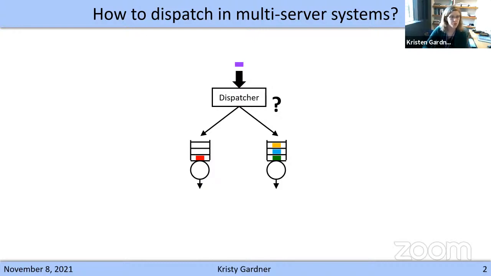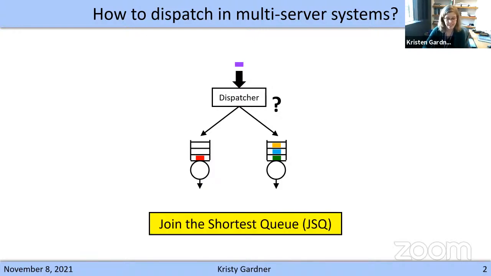A very well-known, classical policy in this space is join the shortest queue. The dispatcher asks both servers how many jobs are in your queue. It gets back a response of 1 from the server on the left and 3 from the server on the right. Because 1 is less than 3, the dispatcher sends this job to the server on the left.